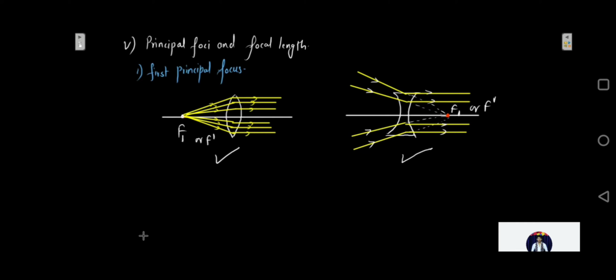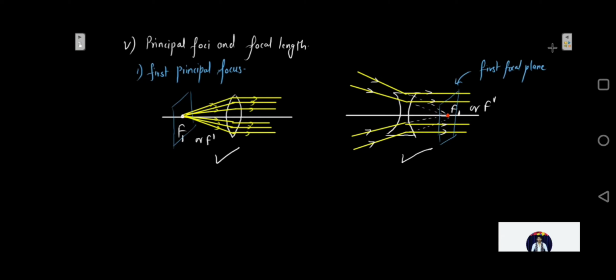The plane passing through this point, which is perpendicular to the principal axis. So if I draw a plane over here which is perpendicular to the principal axis, passing through this point like this, this plane will be called the first focal plane.